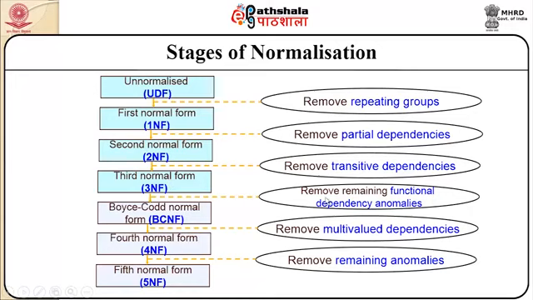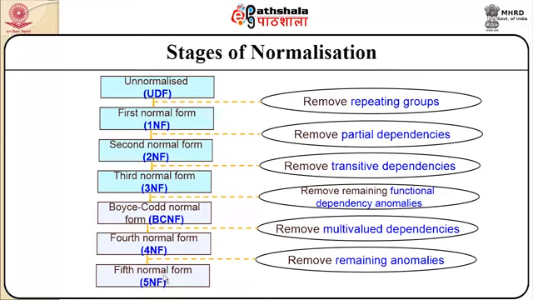Removing the remaining functional dependency anomalies, we make it Boyce-Codd normal form, and by removing multi-valued dependencies, we make it fourth normal form. By removing the remaining anomalies like join dependencies, we make it fifth normal form, and we make sure there exists a domain key, so that we make it domain key normal form.